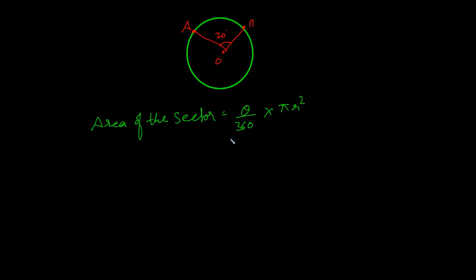If we take the example of radius 4, then the area here would be 20 over 360 times pi times 4 squared, which becomes 1 by 18 times 16 pi, or we get 8 pi by 9. So that's the area of the sector here.